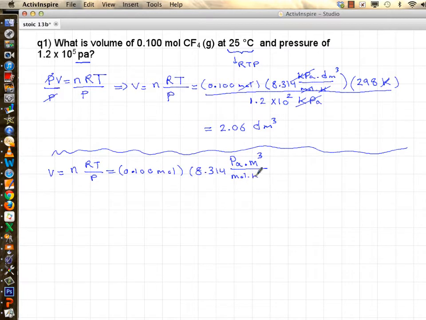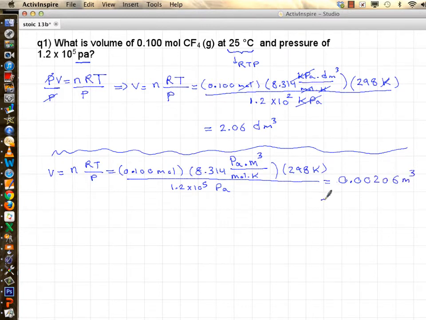Mole times Kelvin, temperature as it was 298 Kelvin, divided by pressure is 1.2 times 10 to the power 5 Pascal. If you do this, your final answer will be 0.00206 meters cube, or 2.06 times 10 to the minus 3 meters cube. This is your final answer in new unit.